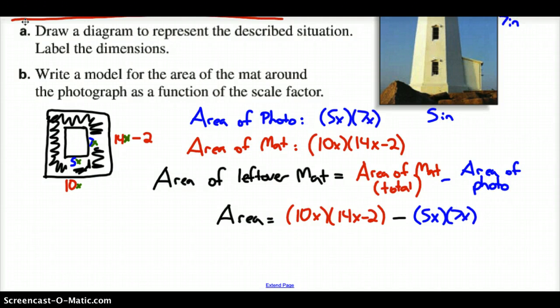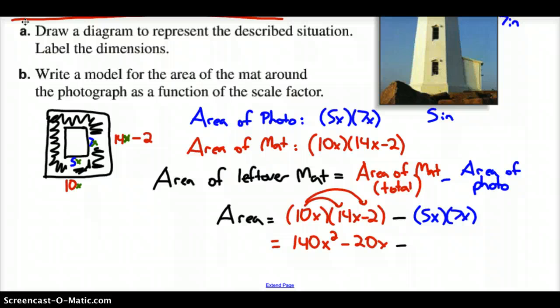Okay, and now we're just going to do a little bit of distributing here. So the area is going to be equal to 140x squared, because 10x times 14x is 140x squared. We then have the 10x times the negative 2, which will give us negative 20x. Then we subtract.